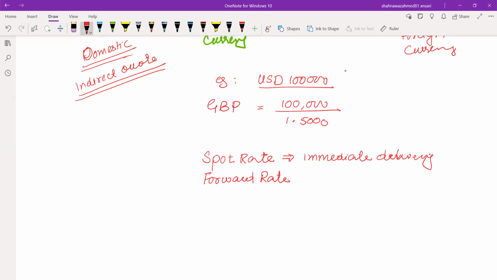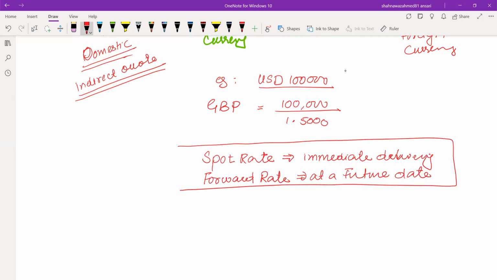A forward rate is when you have to deal, buy or sell, at a future date. For example, if you want to buy foreign currency after 3 months, the bank will quote a rate now but for future settlement, and this is called a forward rate.